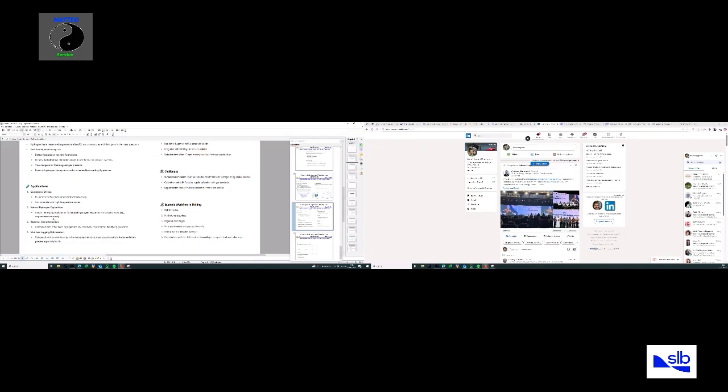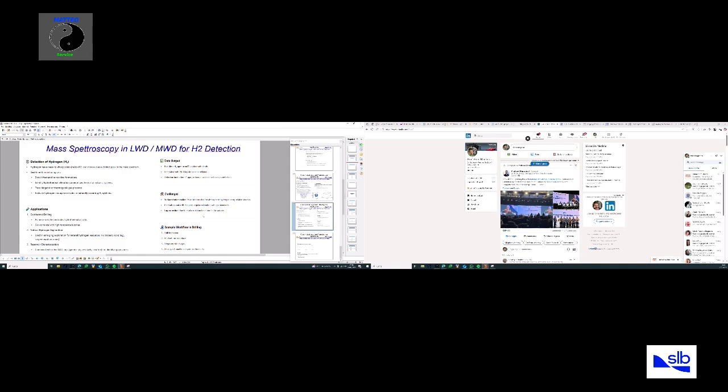Natural hydrogen exploration is another application, an emerging exploration for natural hydrogen. And we also have mud gas logging optimized, compared with conventional gas chromatography analysis. Mass spectrometry is faster and more precise.